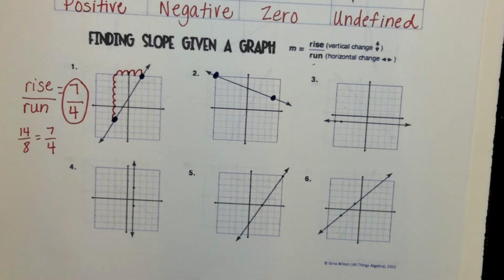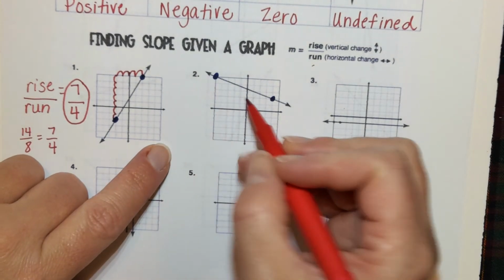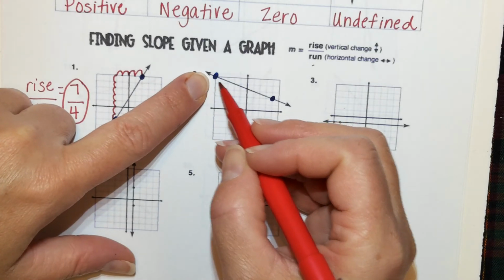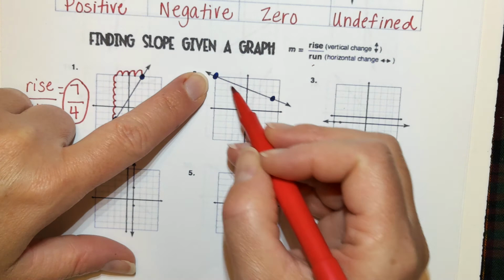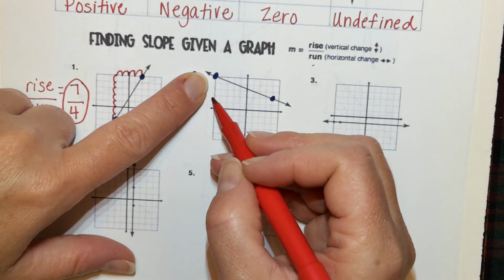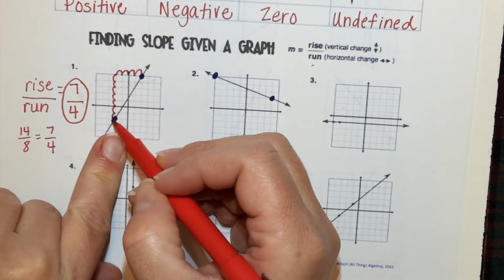Okay, rise over run. Let's do number 2 here. Again, the points are there. They're not very dark, so I'll darken them for you. There's a point here, and there's a point here. Rise over run. Rise over run. So we go up and down first.